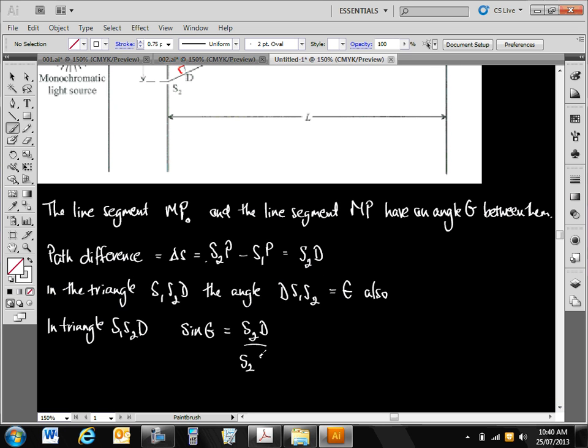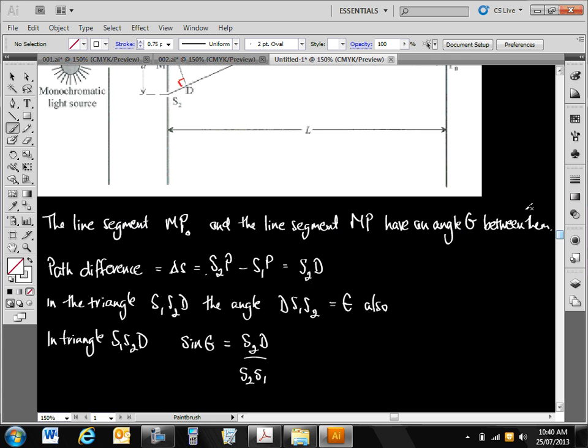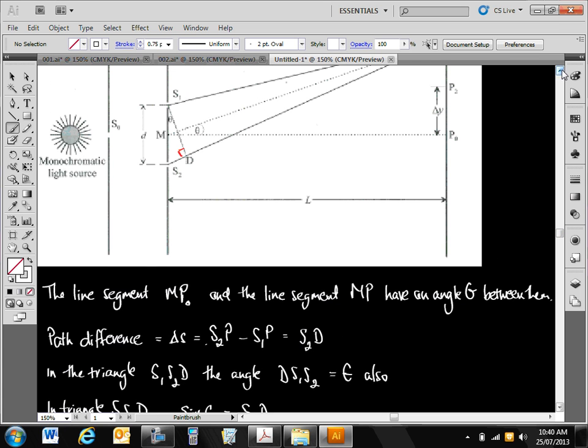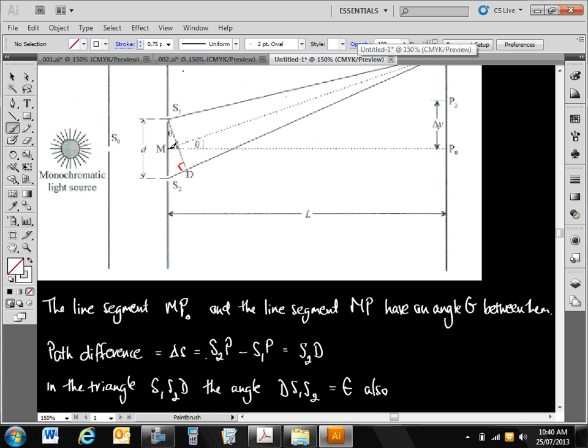I'll say S2 S1. And S2 S1 is equal to what? Well, they've already defined that distance between the two slits, S2 S1, as this distance here, d.